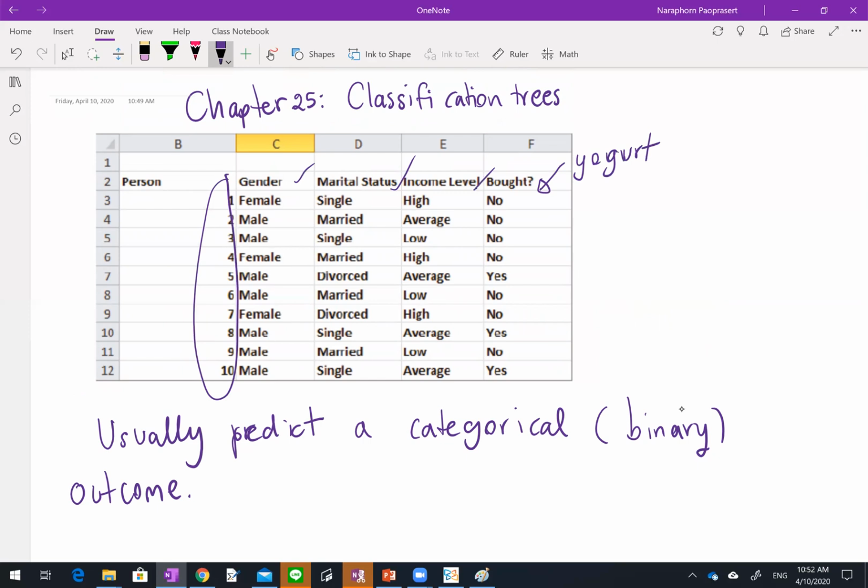So this is the behavior of the individual person about buying Greek yogurt or not. Before we go into the Excel sheet, I want to explain the terms that will be used in this Excel sheet.